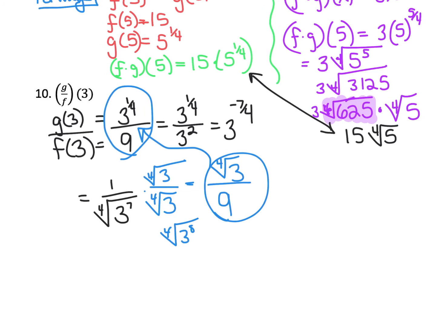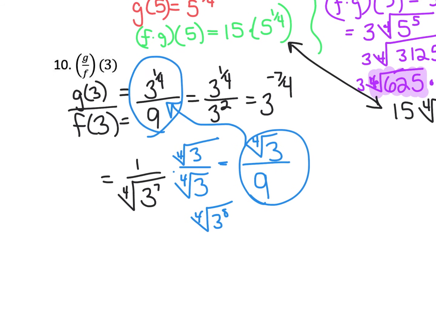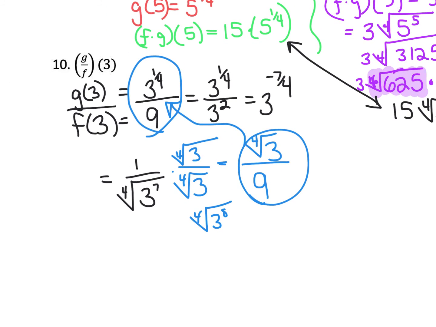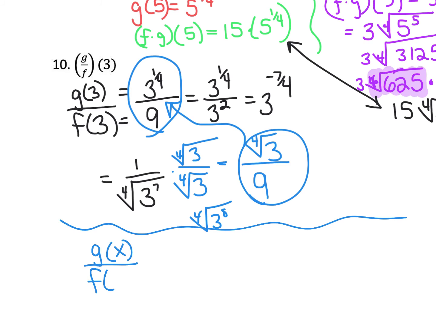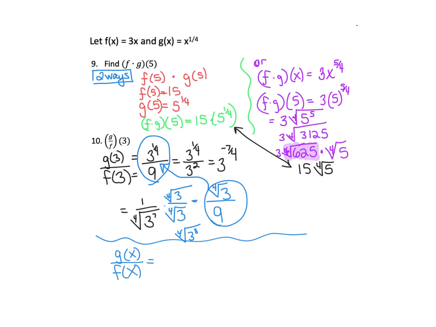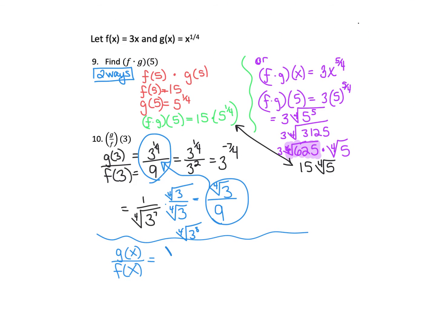Okay, of course I did say that there was a second way to do this problem. So let's examine the second way, which would be to first do g of x divided by f of x, and then plug 3 into that result. So g of x was x to the 1/4 divided by 3x.